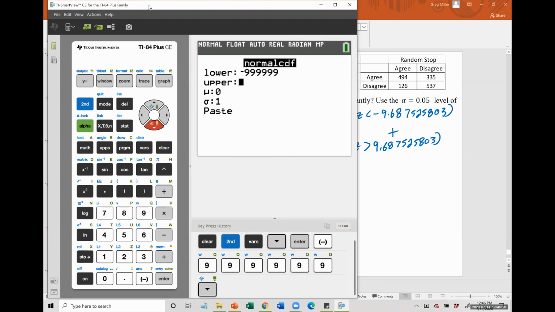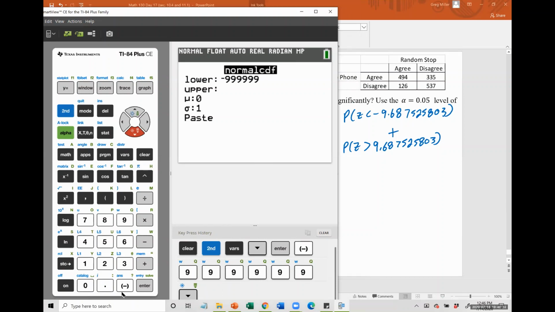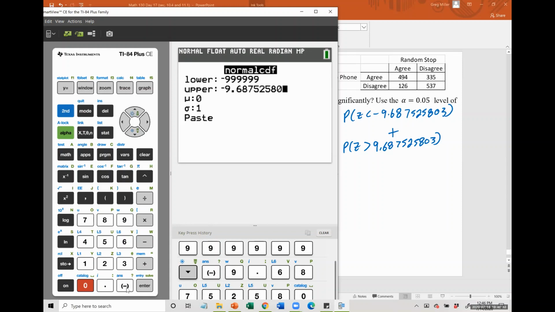For the upper, you're going to type this negative 9.68, whatever it is. Negative 9.68752 5803. And then again, this should say 01. If it doesn't, make sure it says 01.